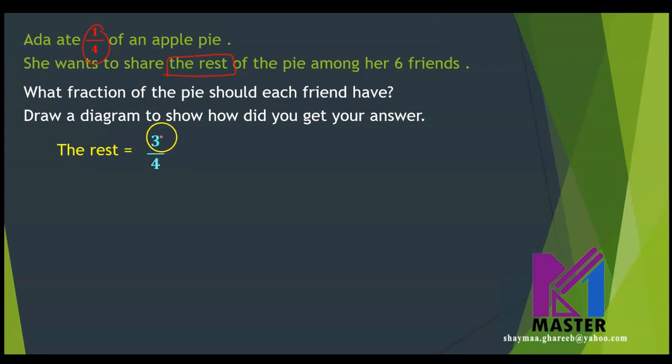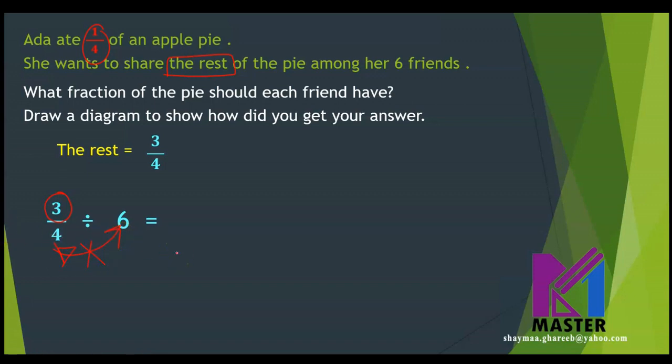So now, the 3/4 of the pie, she wants to share them among her 6 friends, which means I'm going to divide the 3/4 of the pie by 6. So now I have a division sentence, and we are going to solve it. So I will keep the numerator as it is, as we said, and then I will multiply the denominator by the whole number.